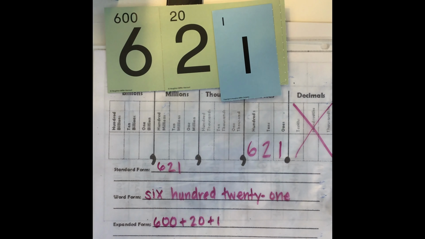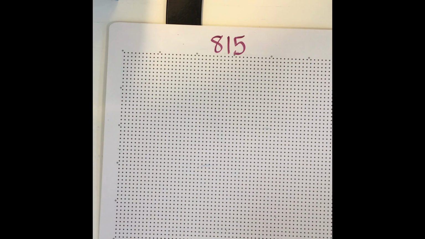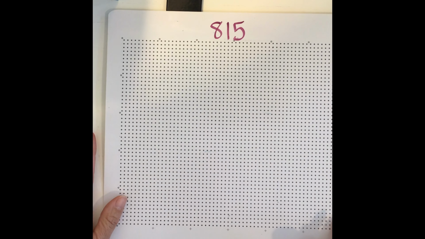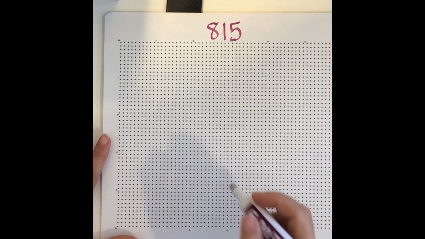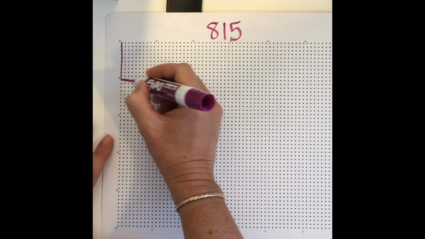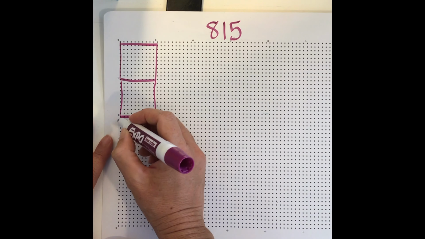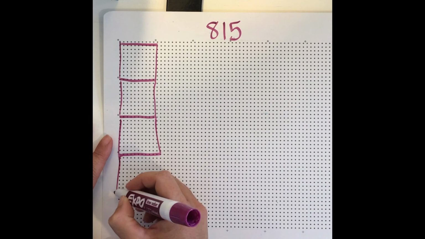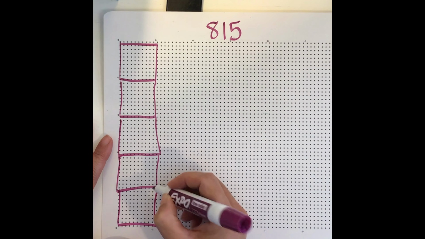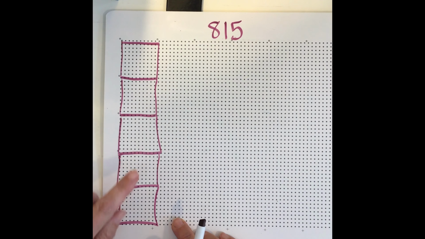Let's try another one. We're going to do this number, 815. Now I forgot to show you in the last example that we can also write that number on our number chart if we wanted to use the area model. We would do 800s. We agreed that the hundreds were squares. So 1, 2, 3. I'm not worrying about precision in this case because we all know that a square is 100.